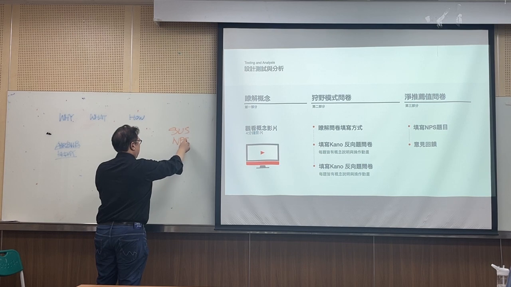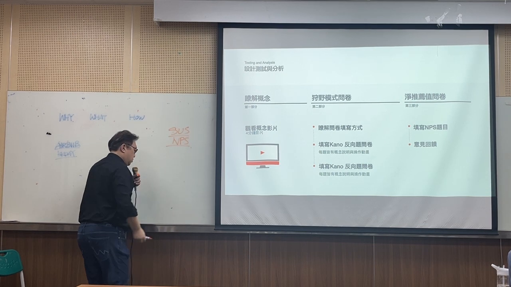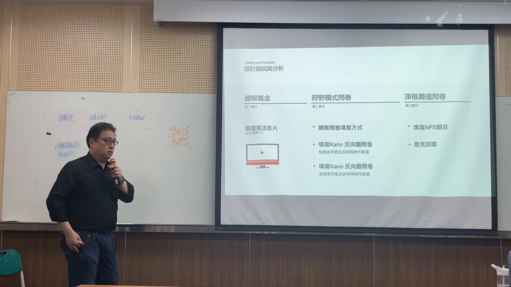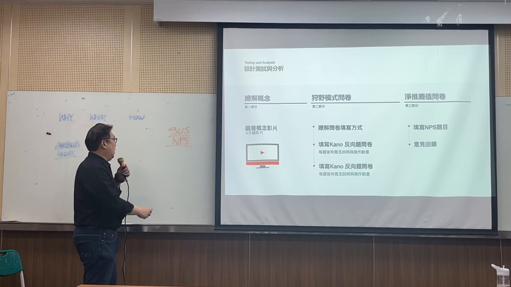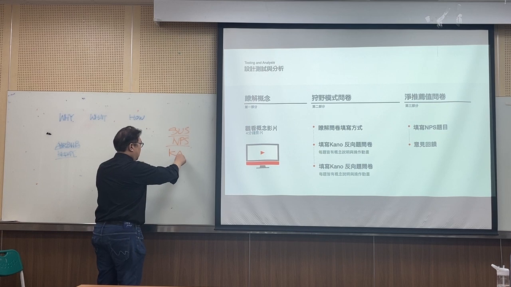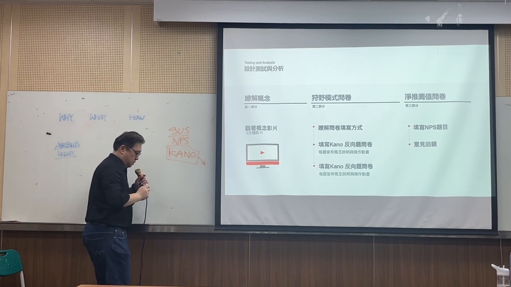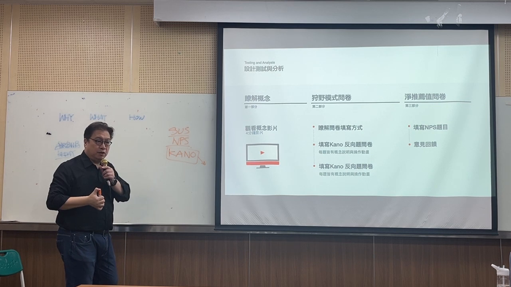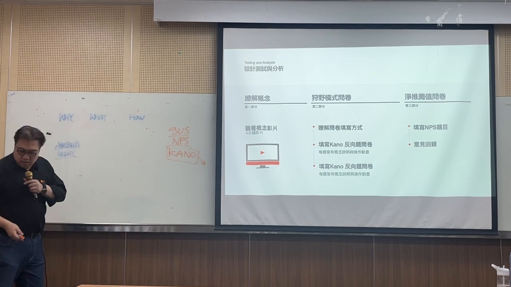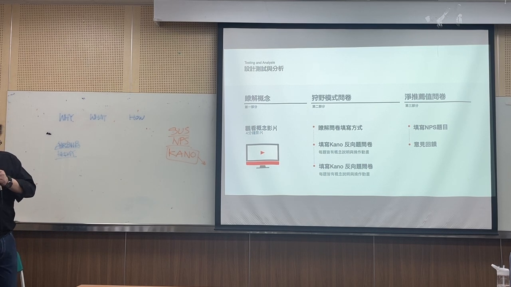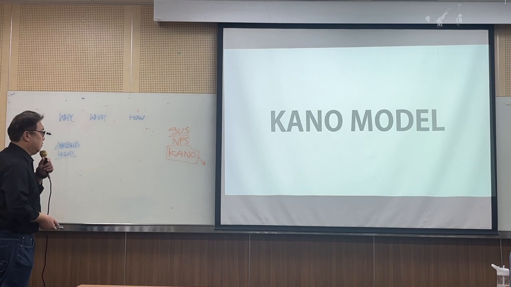NPS is to detect whether your product is unique or whether your how is desirable for the user. And Kano is used to select and evaluate your concepts if you have more than 10. Kano is, I think, a very simple way of doing things.